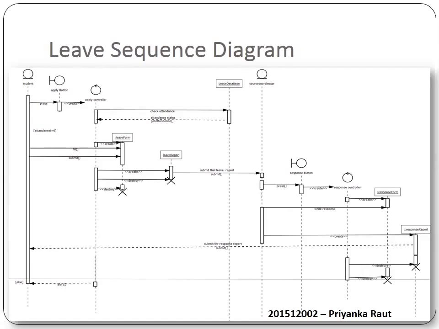Now, the response report will be generated, and that report will be submitted to the student. The alternative flow is that if the student is not eligible for applying for leave, in that scenario the course coordinator will not come into the picture, and the apply controller will throw an alert message at that particular moment to the student.